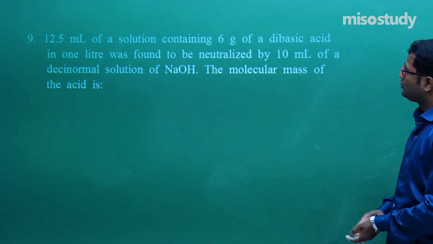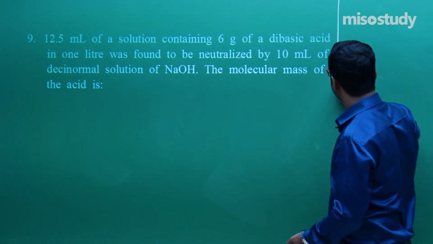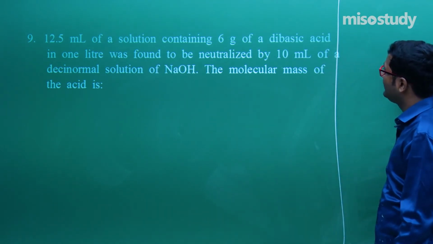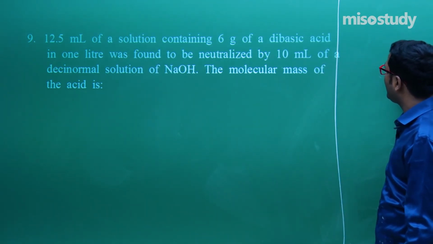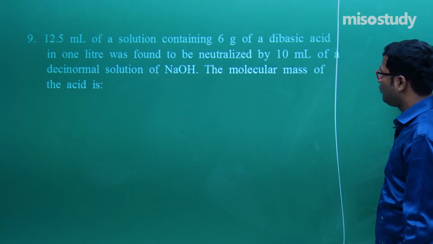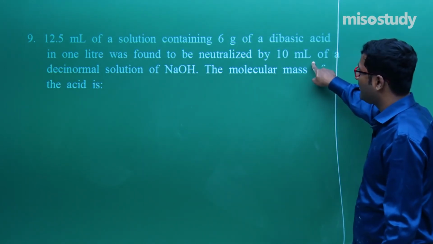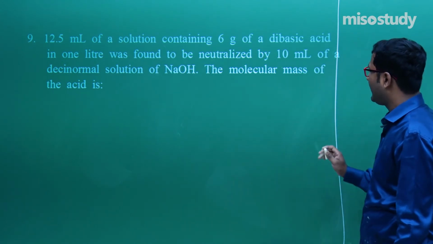Look at 12.5. This is an integer type question. 12.5 ml of a solution containing 6 gram of dibasic acid in 1 liter was found to be neutralized by 10 ml of deci normal NaOH.